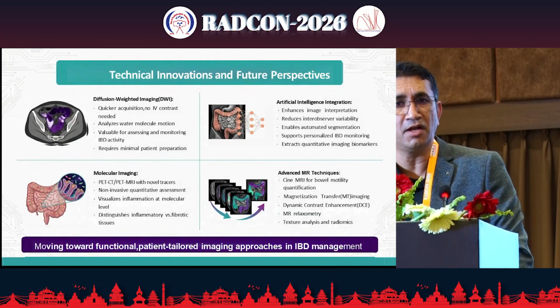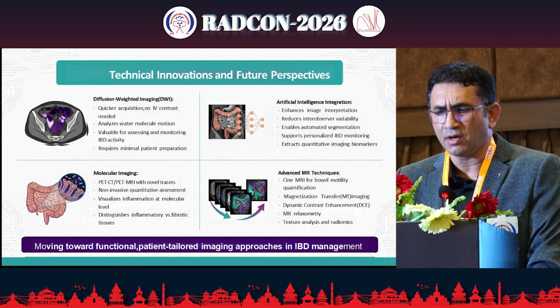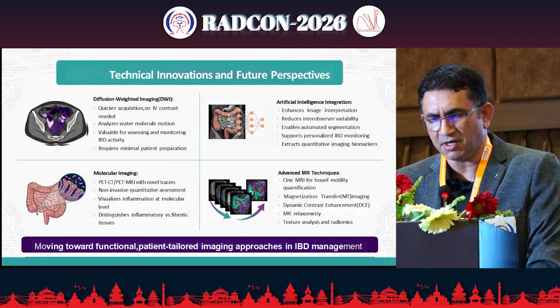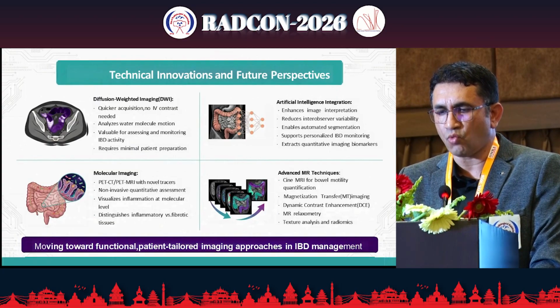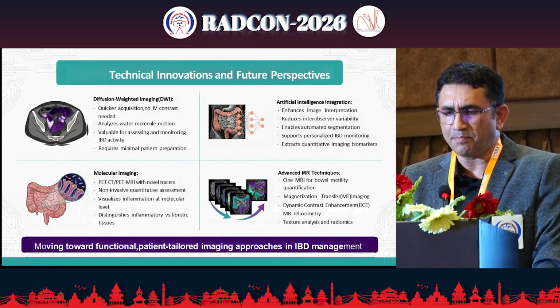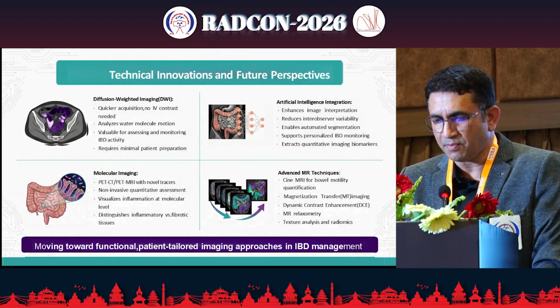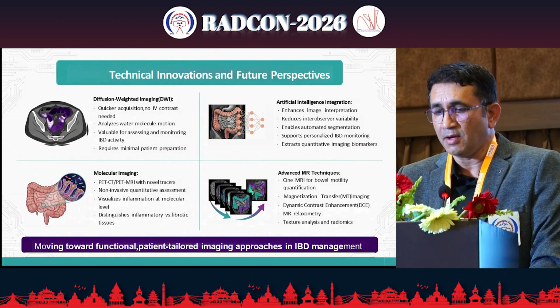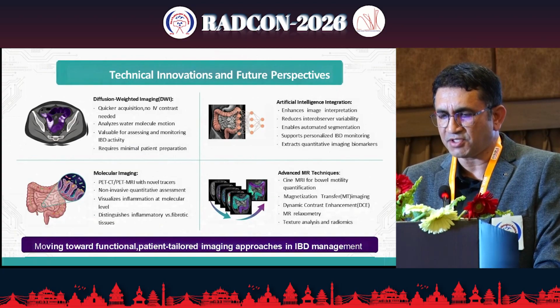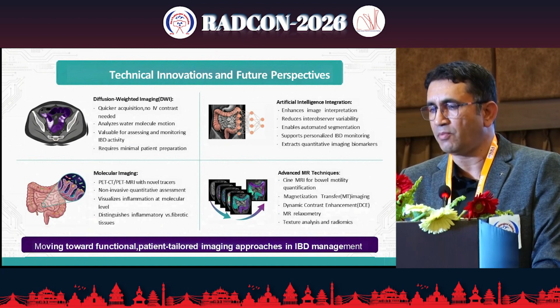Now the technical innovations and future perspectives. DWI is quicker, there is no need of IV contrast, and it can analyze the water molecules. Molecular imaging like PET scan and PET MRI with novel tracers allows non-invasive quantitative assessment, visualizes the inflammation at the molecular level, and can differentiate between inflammatory and fibrotic tissues.